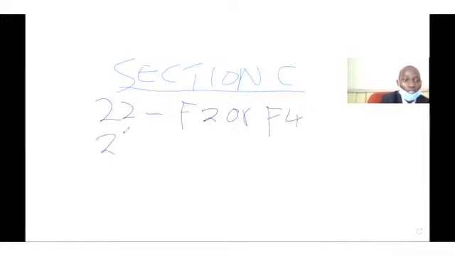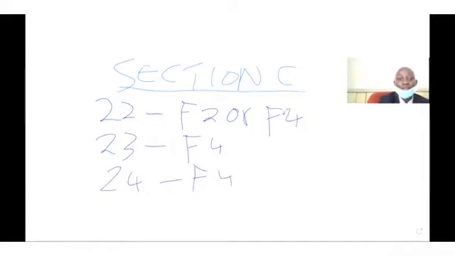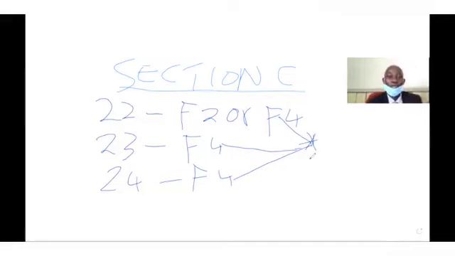Number 23 and 24 come from Form 4. There are times when all these questions are tested from Form 4 work in section C. East Paper 2 talks about the word East and government, and section C is usually the government part. So we are through with that.